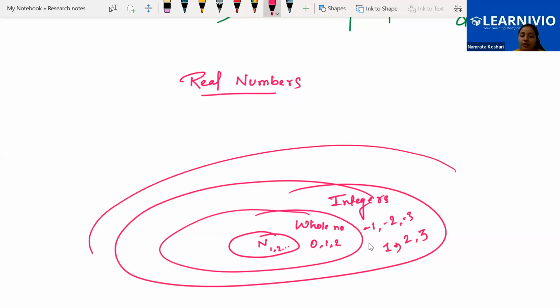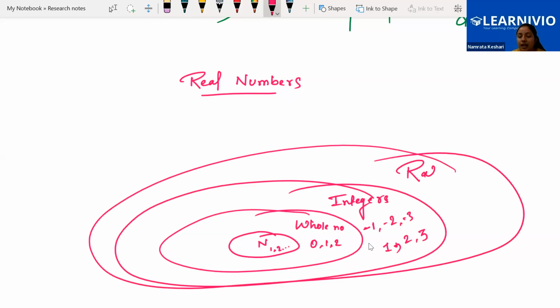Then we had rational numbers, and we said that any number in the form of p by q is called a rational number, where q must not be 0. Integers, whole numbers and natural numbers are all rational numbers, and apart from that, any number in the form of p by q, such as fractional numbers, is also rational.